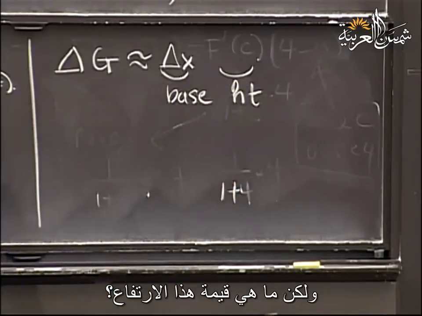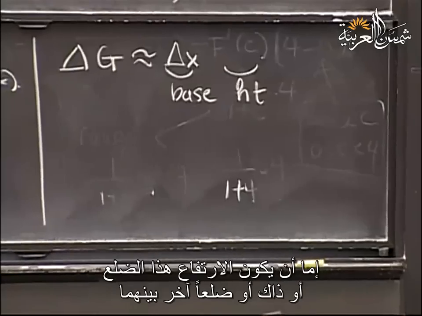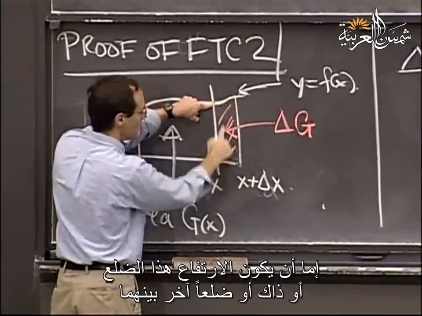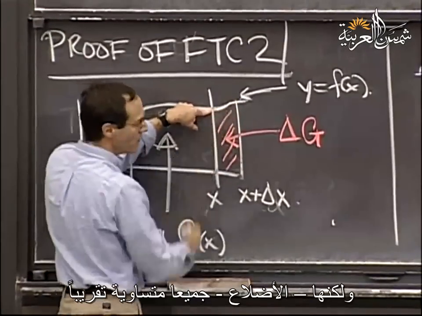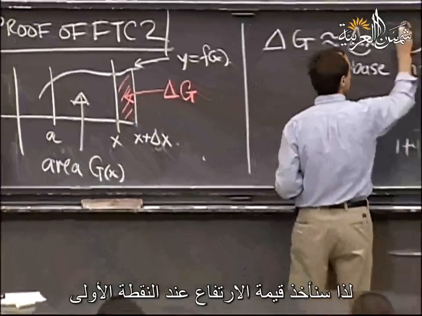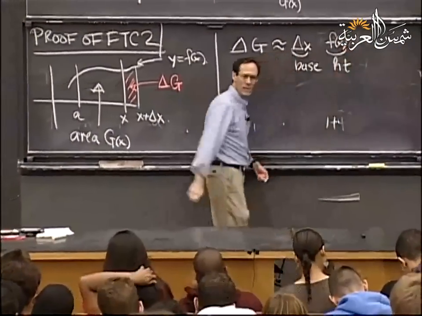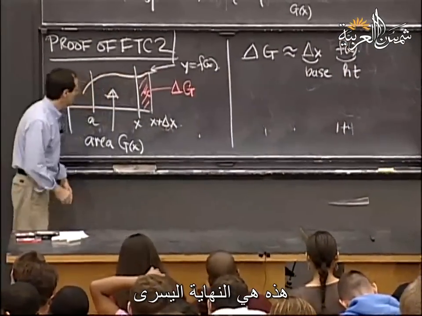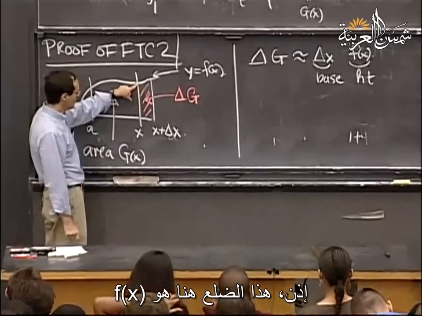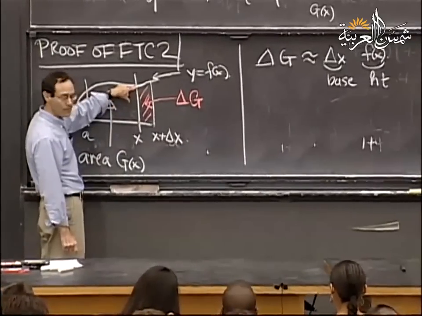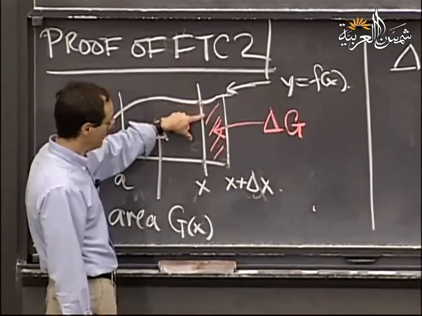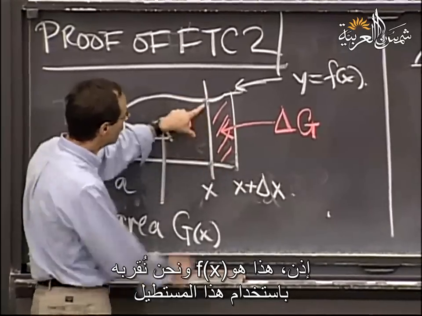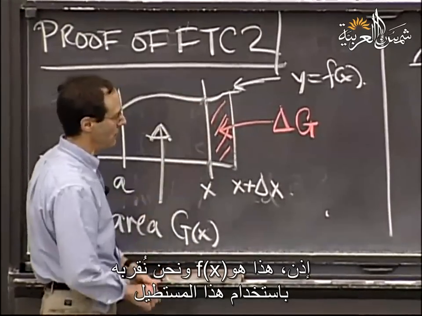But what is the height? Well, the height is maybe either this segment or this segment or something in between, but they're all about the same. So I'm just going to put in the value at the first point. That's the left end there. So that's this height here is f of x. So this is f of x, and so really I approximated by that rectangle there.